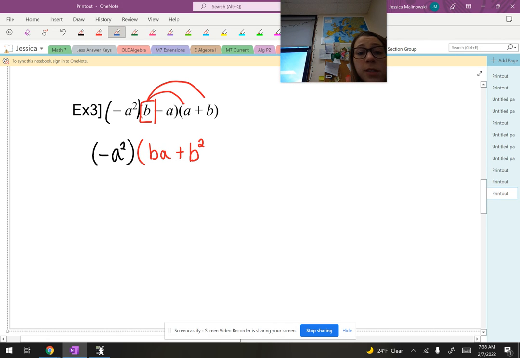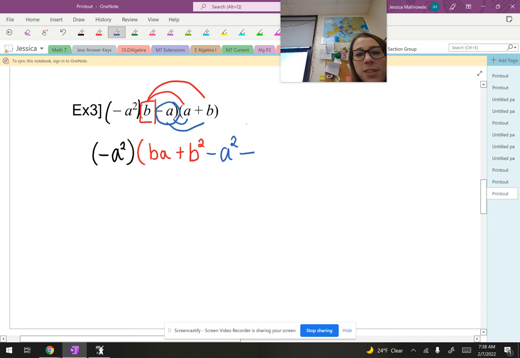Okay, next piece to double distribute is my negative A. Negative A times a positive A is going to be a negative A squared. Negative A times a positive B is a negative, because my signs are different, and A times B is just AB.